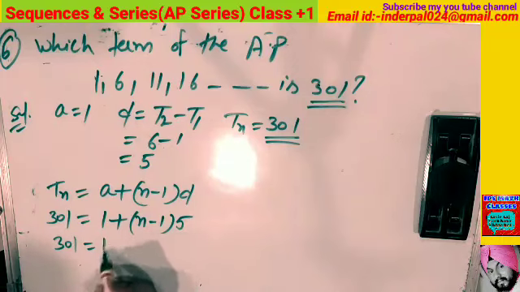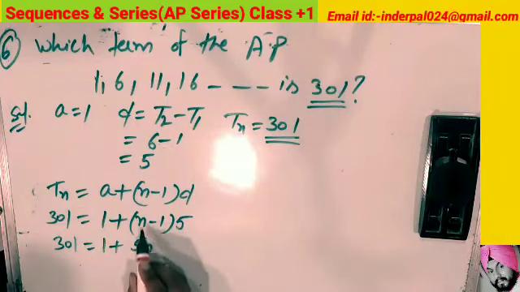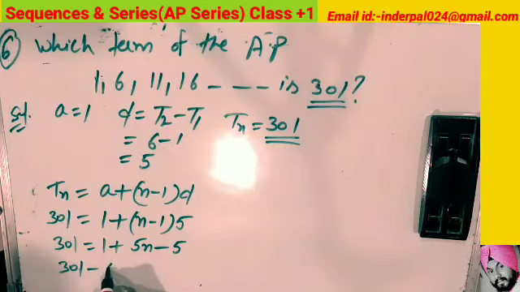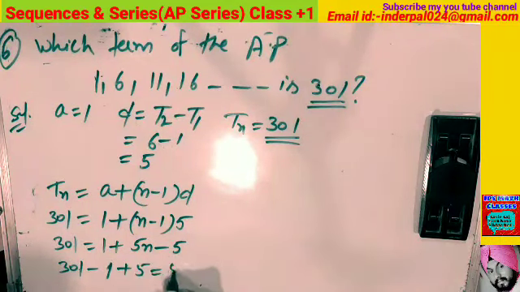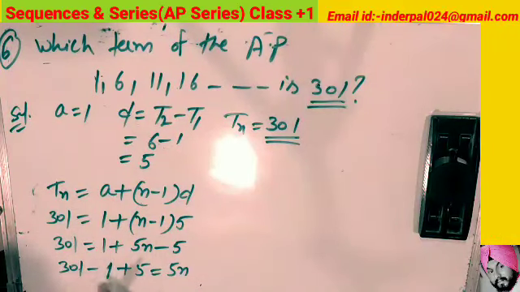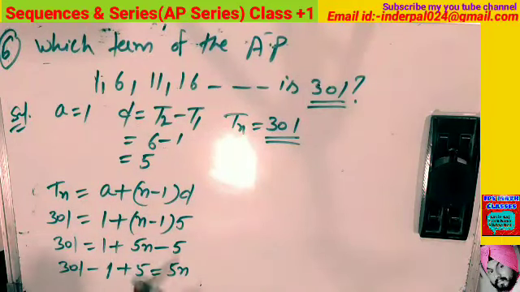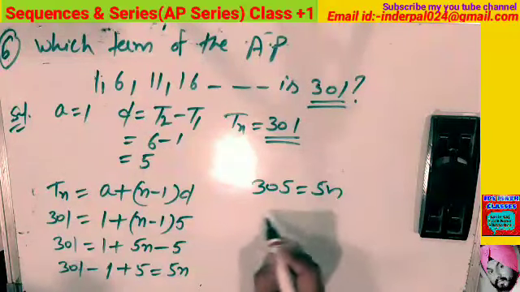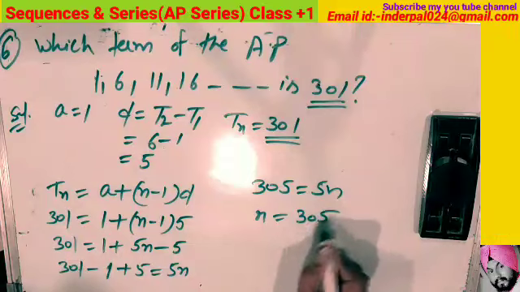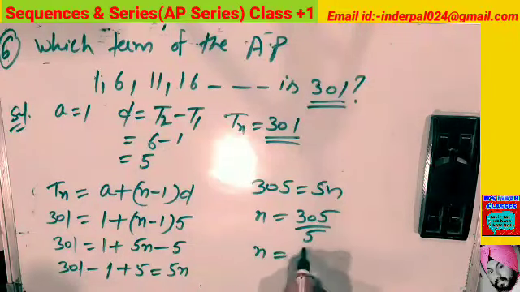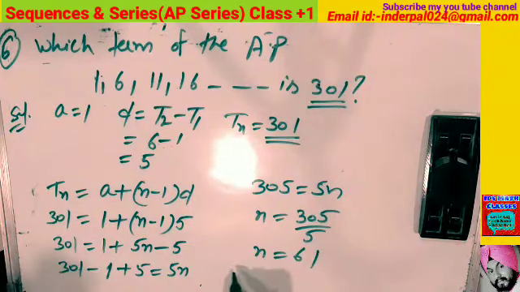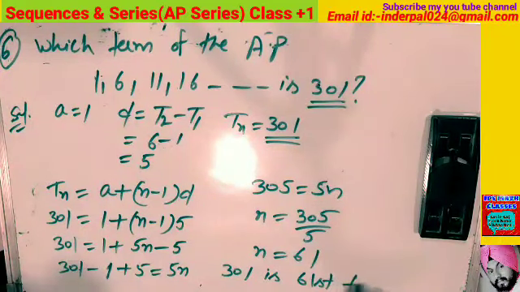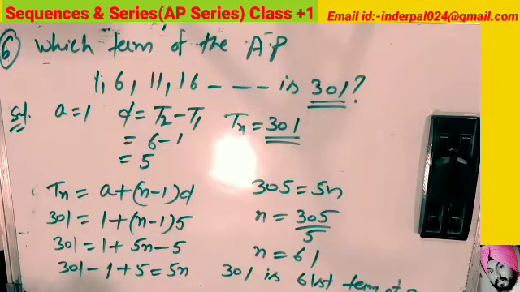Multiply 5 into n, 5n minus 5, plus 1, is equal to 5n. 301 minus 1 is equal to 300, plus 5, 305 is equal to 5n, and the value of n is 305 divided by 5. n will be 61, and 301 is the 61st term of the AP.